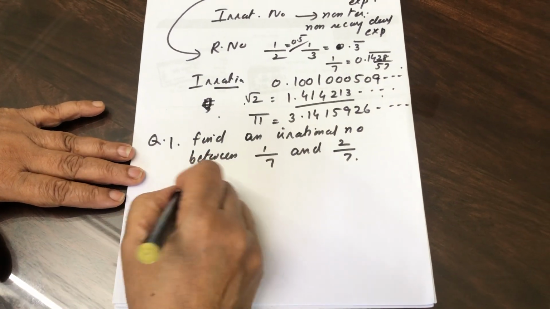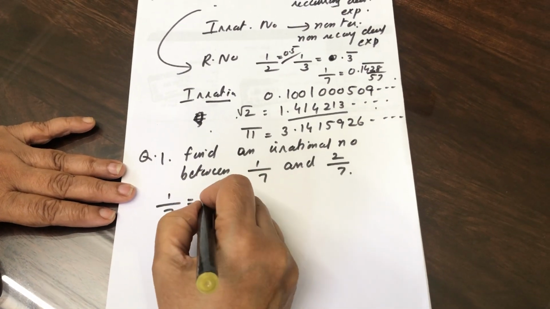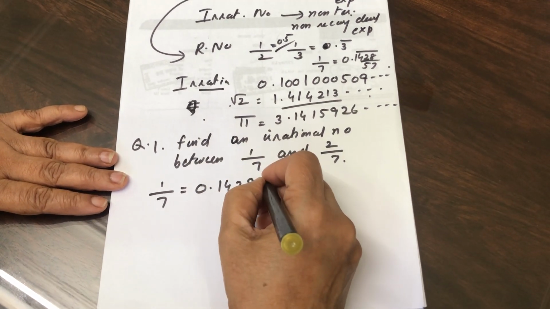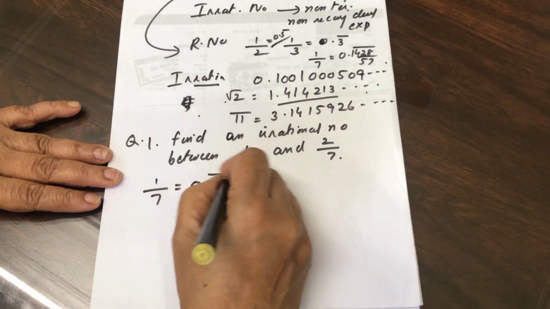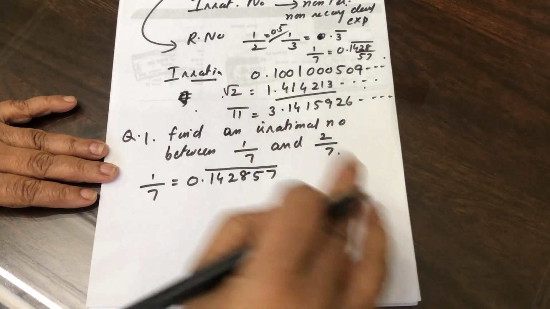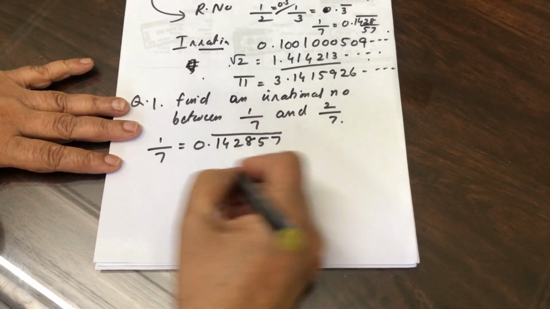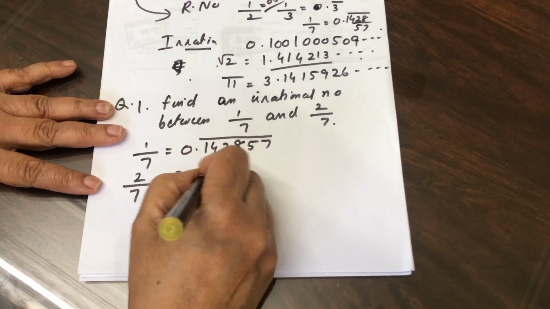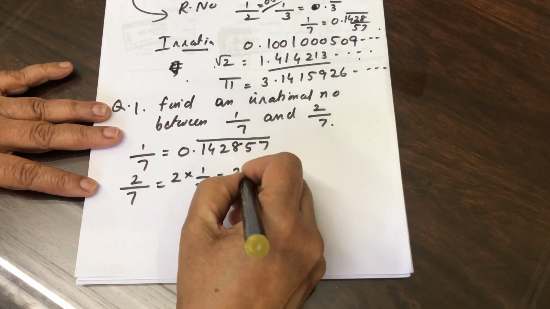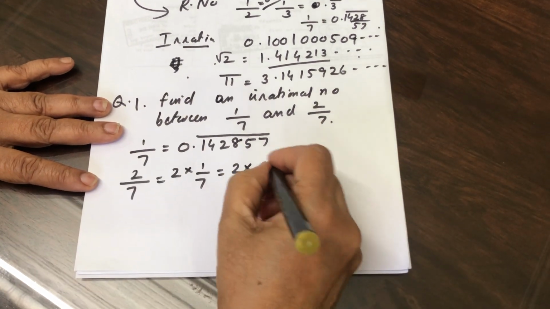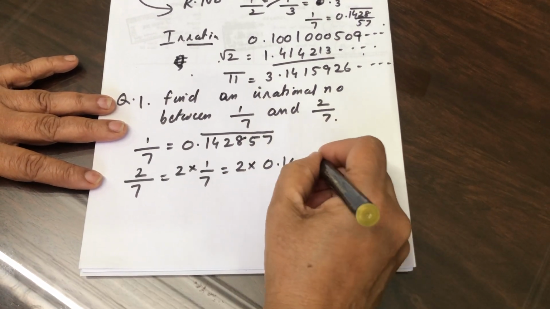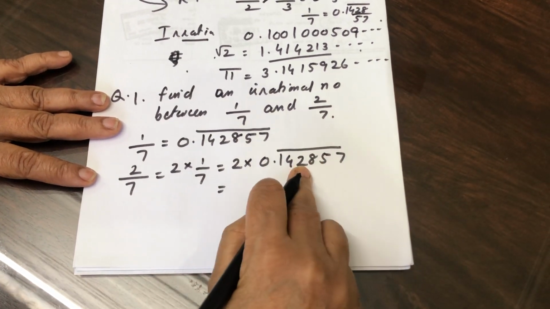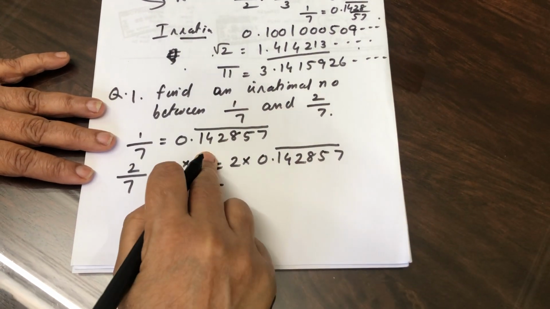You got 1 by 7 as 0.142857 bar. This block of digits is repeating. Now you want to find 2 by 7. 2 by 7 is 2 into 1 by 7, that is, you have to multiply 0.142857 bar by 2.